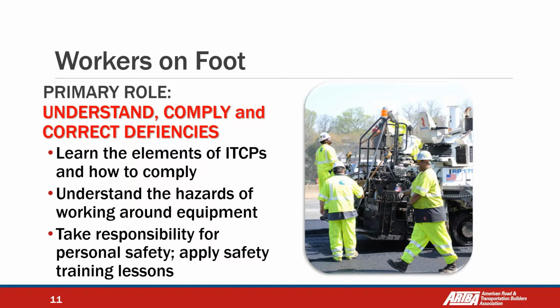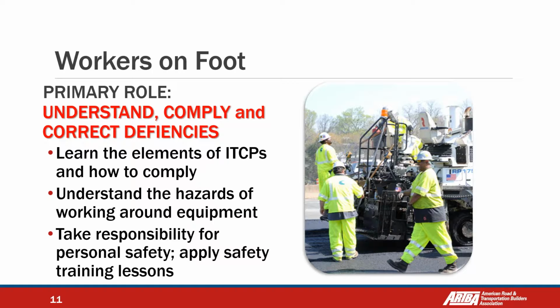Or maybe there were some cones or barrels in the wrong position. If you train your workers properly, they can identify the problems. Maybe if there is no risk for them because of the traffic, they can solve the problem by themselves. But if there is traffic, you have to train them: hey, you have to disclose it to me, the foreman, and we are going to stop the traffic, use a flagger, and correct deficiencies.